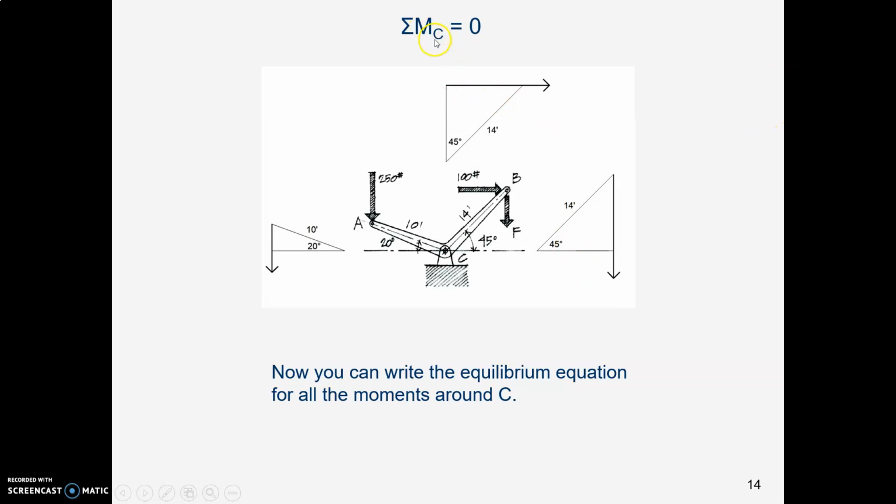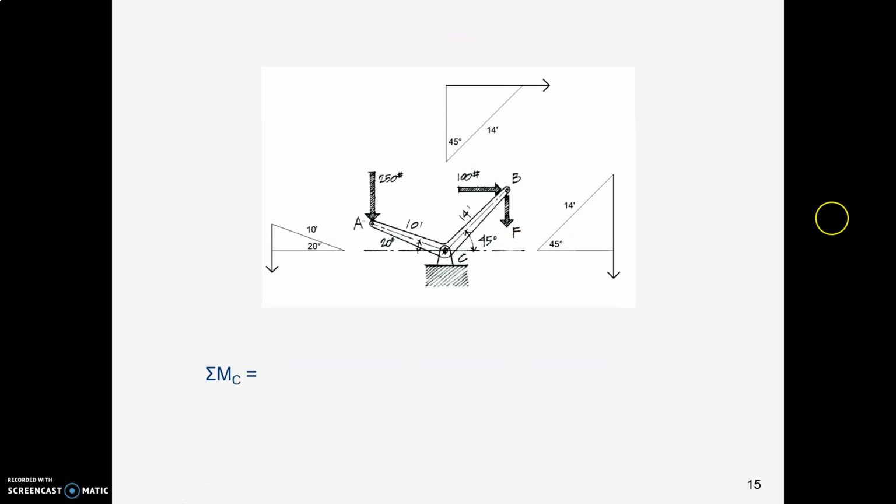And I made a subscript C there because I want to say the sum of all moments around point C add up to 0. And each one of those moments is a force times distance. So sum of all moments around C. We've got that 250-pound force, and there's that distance that you found. I hope you found 9.397. And we said that was a positive moment because it's counterclockwise.